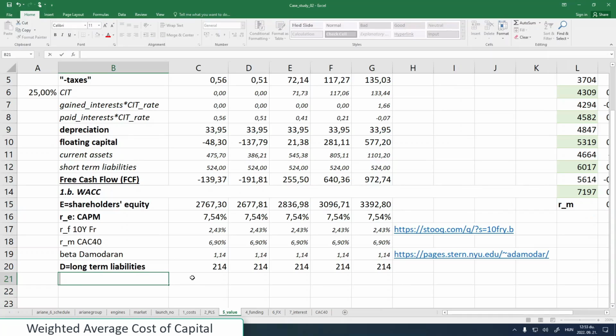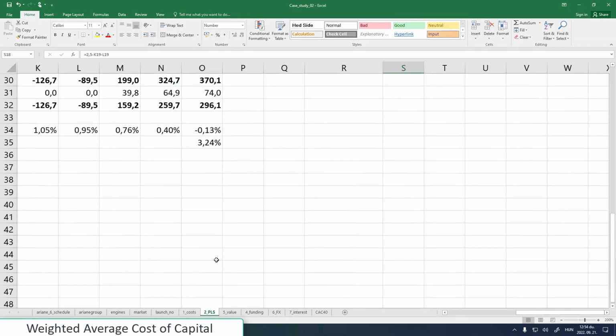And then still we need RD, which is the interest of our debt. Yep.